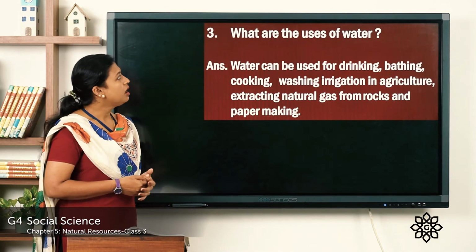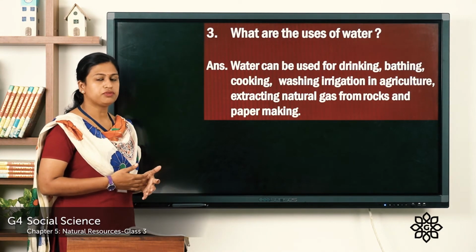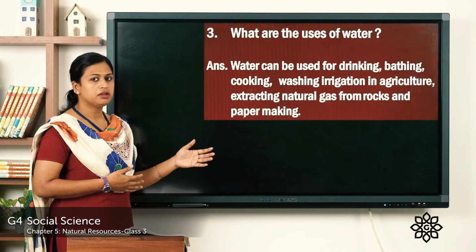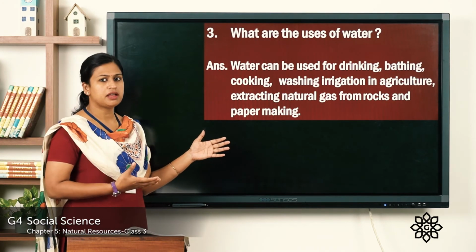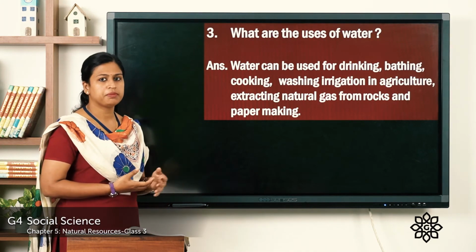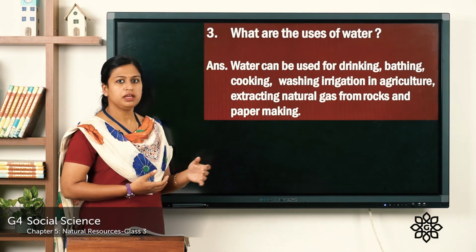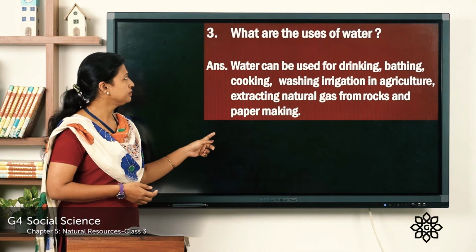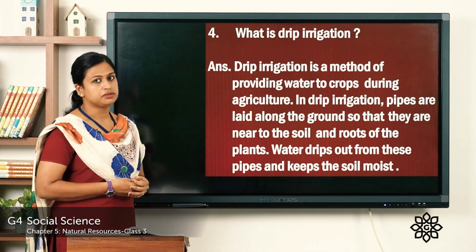Third one is, what are the uses of water? The water can be used for drinking, cooking, washing and for various industrial purposes like for extracting natural gas from rocks and paper making. We also use water for irrigation in agriculture. Fourth one, what is drip irrigation?